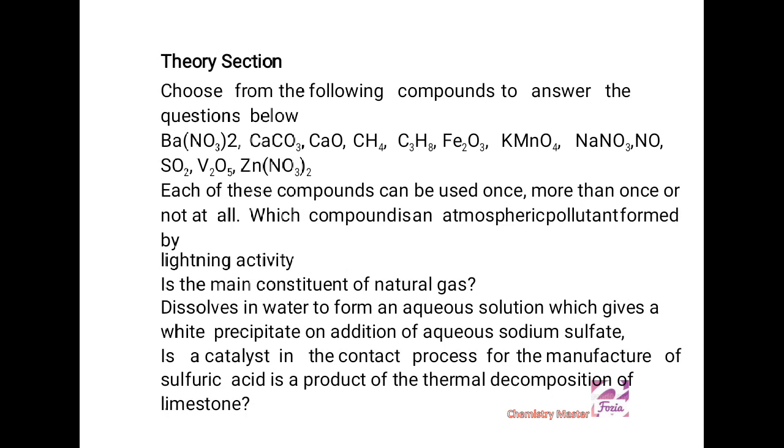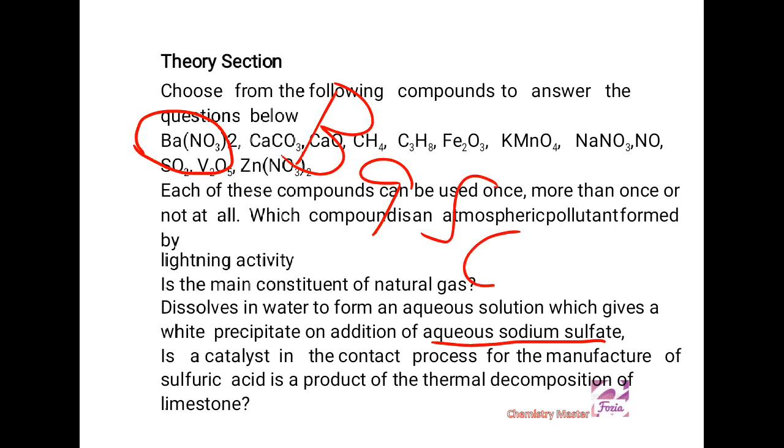So you just go through the equation between sodium sulfate and barium nitrate. So aqueous sodium sulfate is here, and from the options you have to select barium nitrate, which will form barium sulfate as the white precipitate. So it is how you put a downward arrow for this.